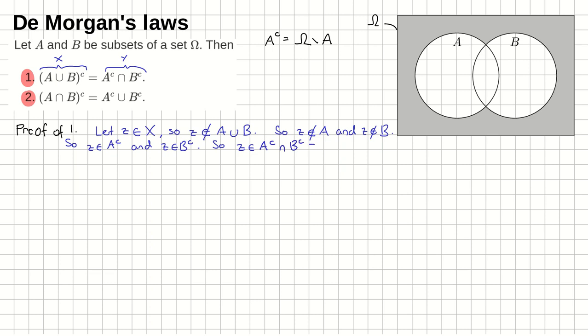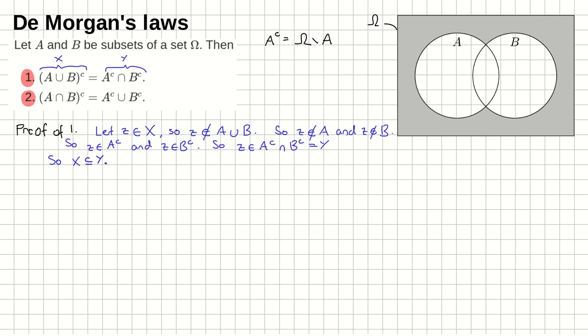But that's the set Y. So we have started with any element of X, and we've proved that it's in Y, and that means that X is a subset of Y.